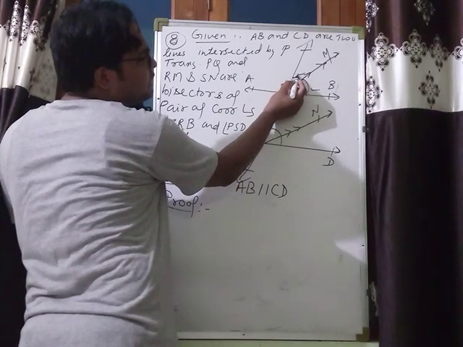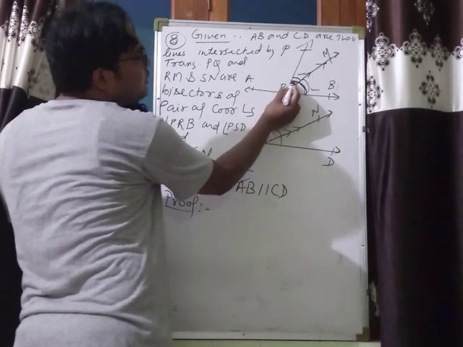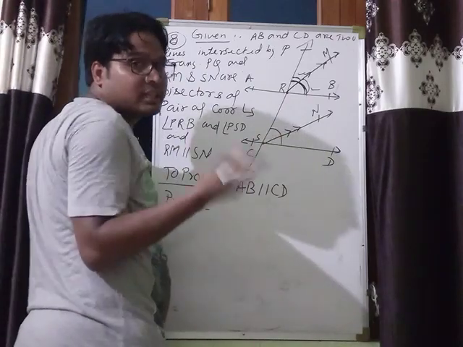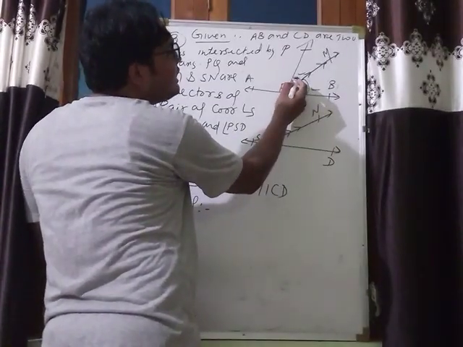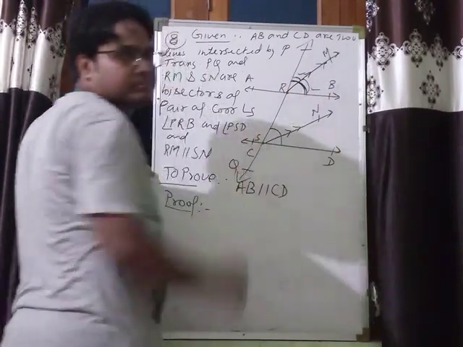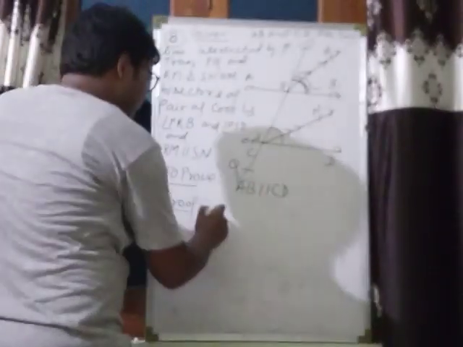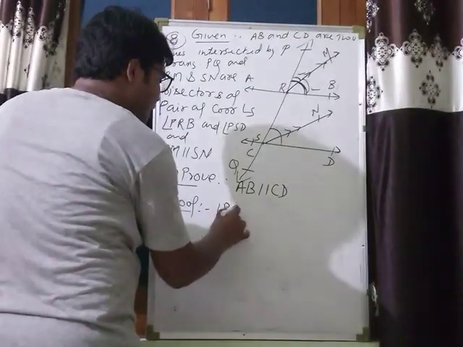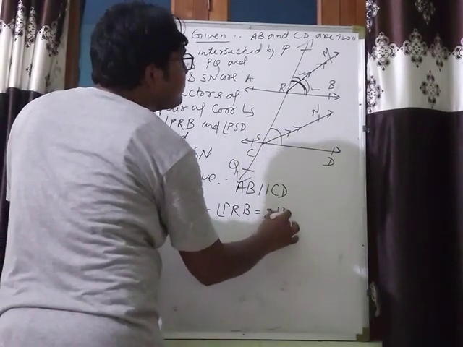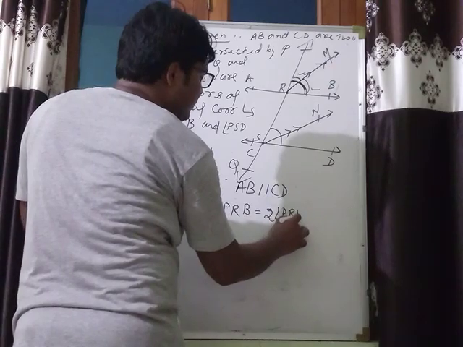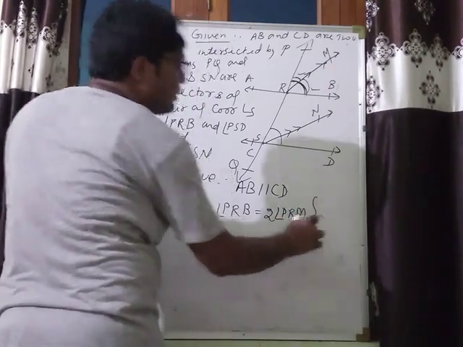If you suppose this is 30, then this is also 30. Then what will be the measurement of this one? That is 60 degree. Clearly, this angle PRB is twice of PRM. Okay? Angle PRB is twice of angle PRM. Why?